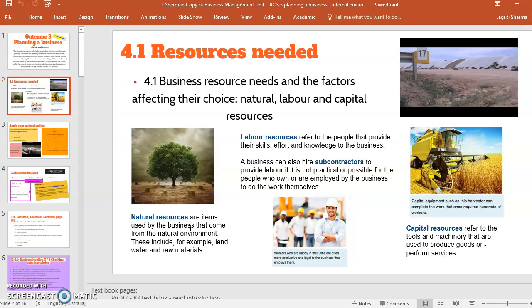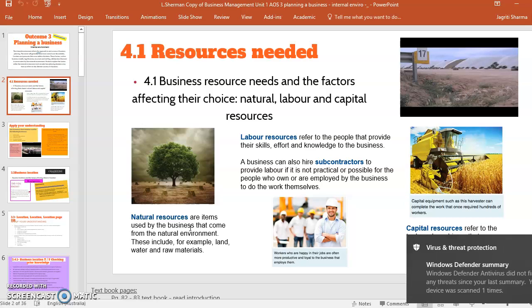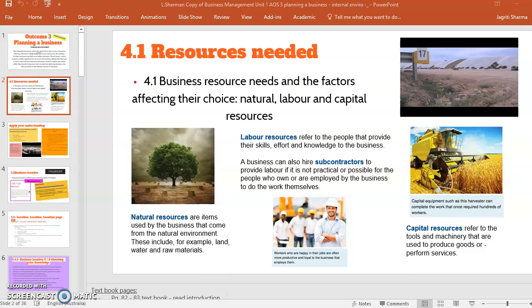When we are running a business producing goods and services, we need to make sure that we are considering some factors. For example, the products that you make should be environmentally friendly. They shouldn't have a lot of impact on ruining the environment. This is really important.